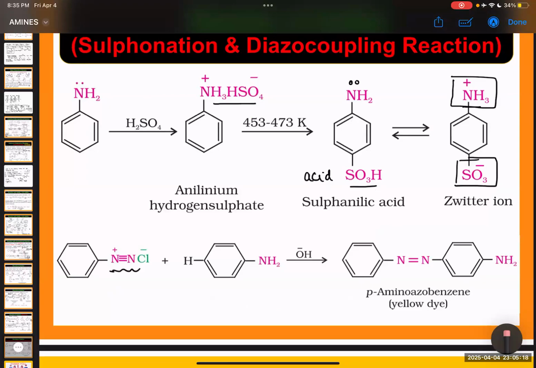Just now we discussed, and you are going to get a yellow colored compound, which is an azo dye. And I told you this azo dye can be used to test aniline or phenol also, and this reaction comes under the diazocoupling reaction. Got it?